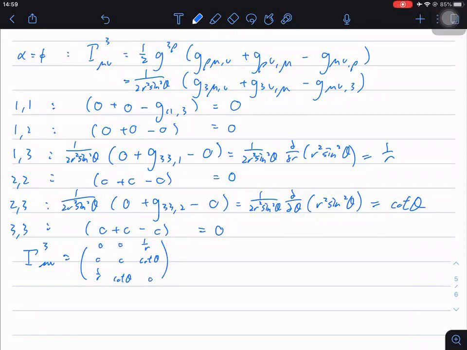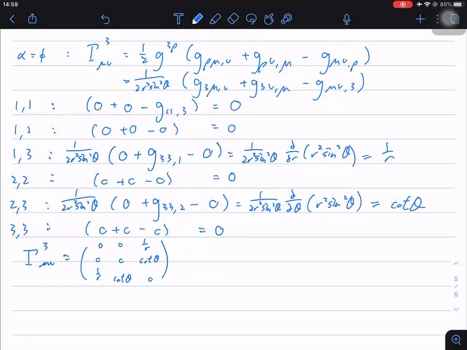So yeah, calculating the Christoffel symbol is quite painful work. And in our case, we are doing it in spherical coordinates, which is actually a very simplified version. You can imagine that it would be much messier to do the calculation in some more general or more complex metric.